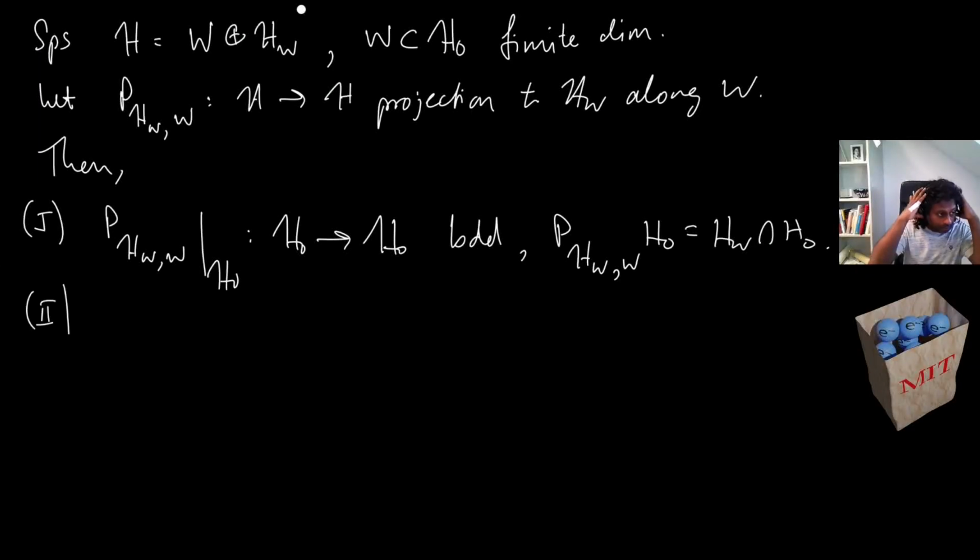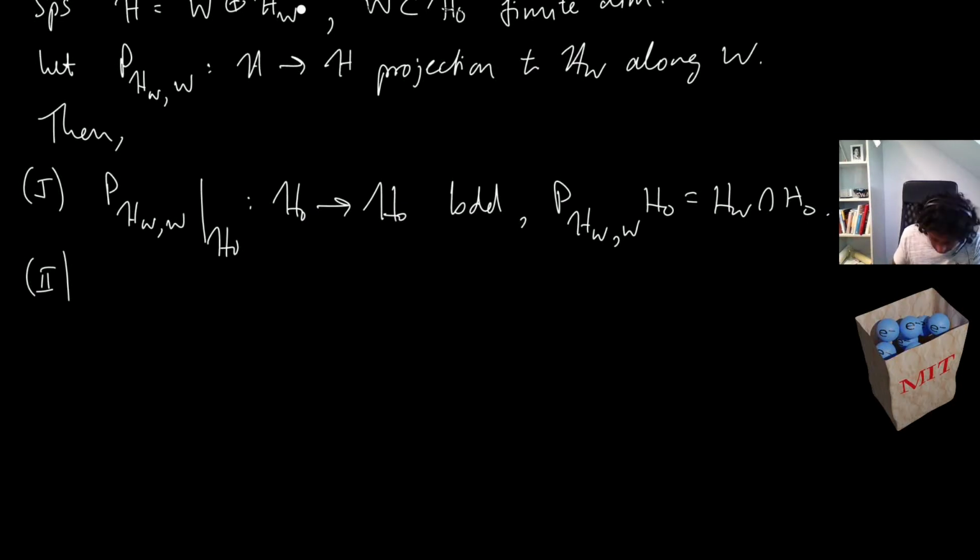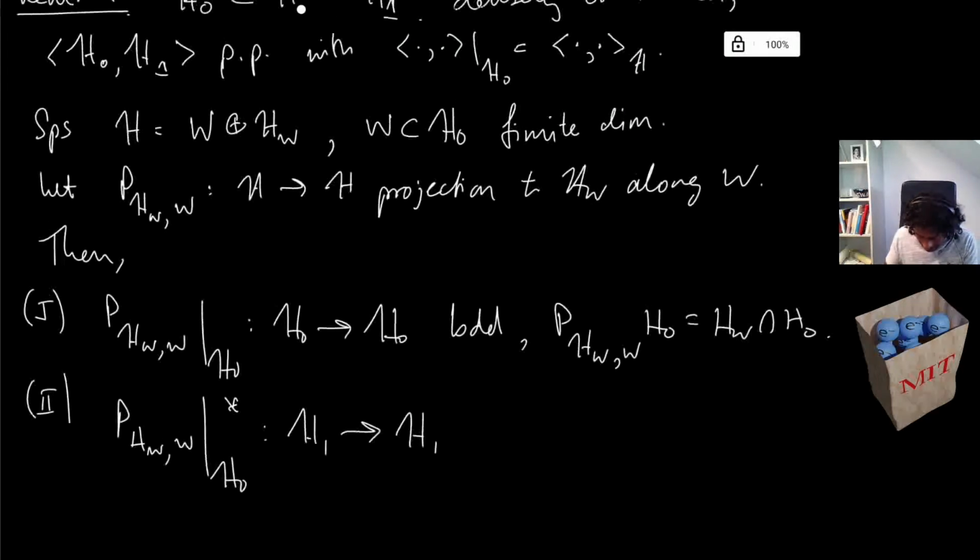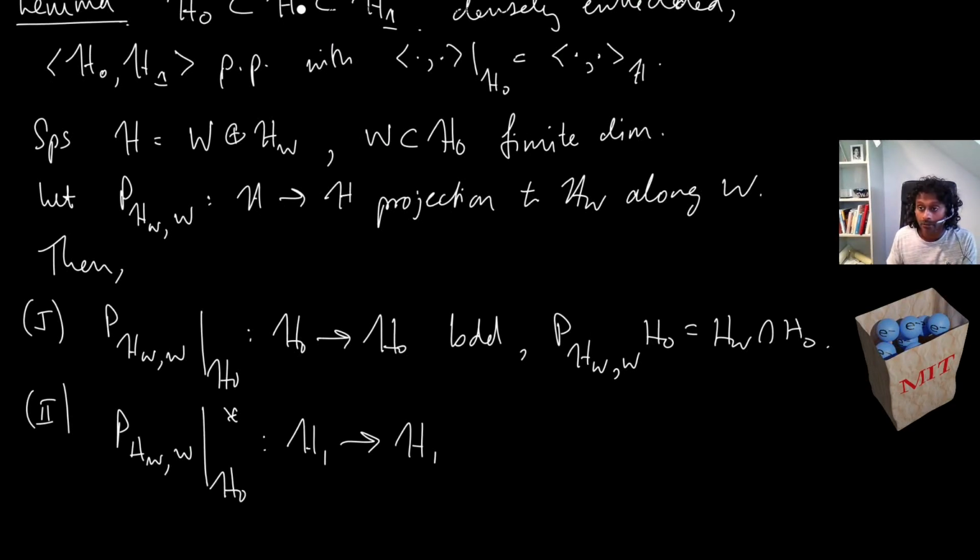The second point. So the adjoint projector, so P_HW,W star, restricted to H naught star, is of course now a projector from H1 to H1. So this star is taken with respect to this perfect pairing, right?